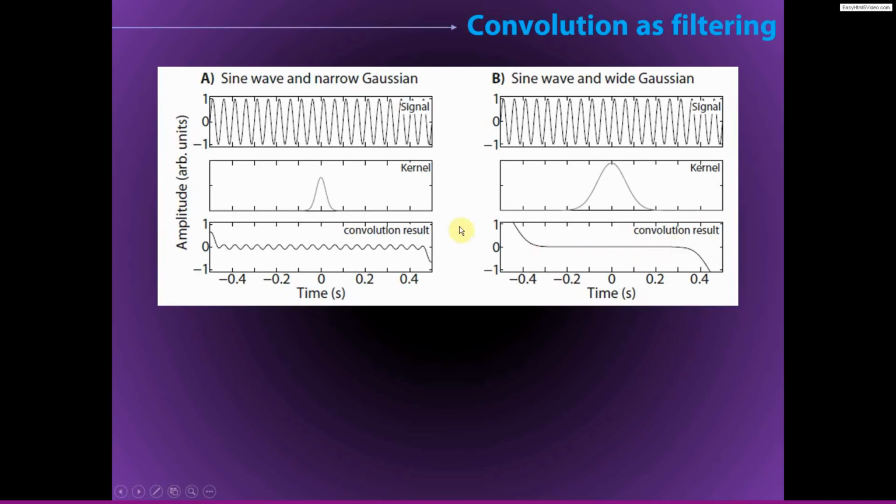So here's the question. Why does the convolution with the narrow Gaussian and the sine wave produce a sine wave with the same frequency but a smaller amplitude, whereas with the wider Gaussian, the result of convolution is a flat line? If you're thinking about convolution in the time domain, it's a little bit difficult to understand why this is happening.